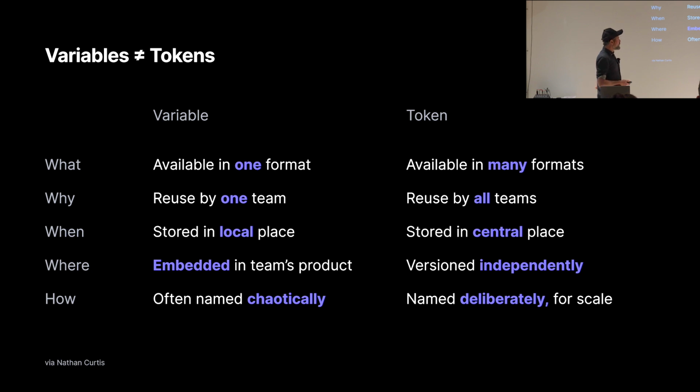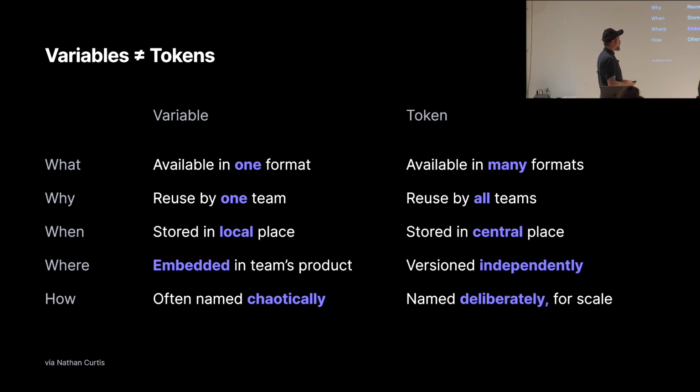All right, and what really nailed it for me was this overview by Nathan Curtis. So what he did, he compared variables with tokens, and this was really insightful to me. So a variable is available in one format, whereas a token is available in many formats. A variable is reused by one team, a token by all teams.